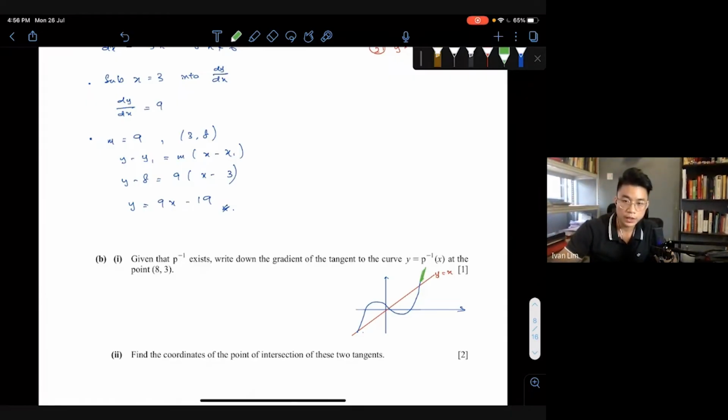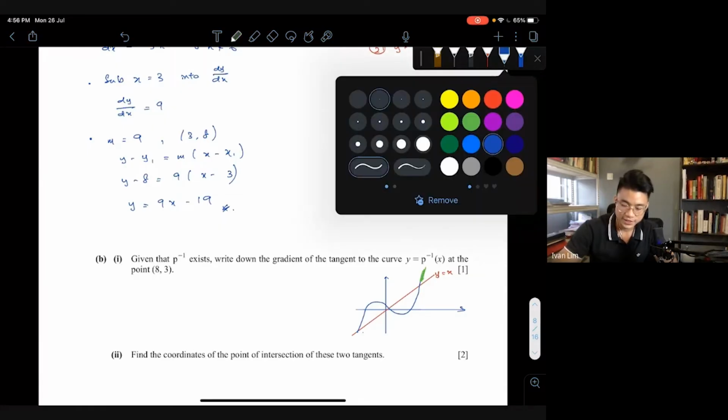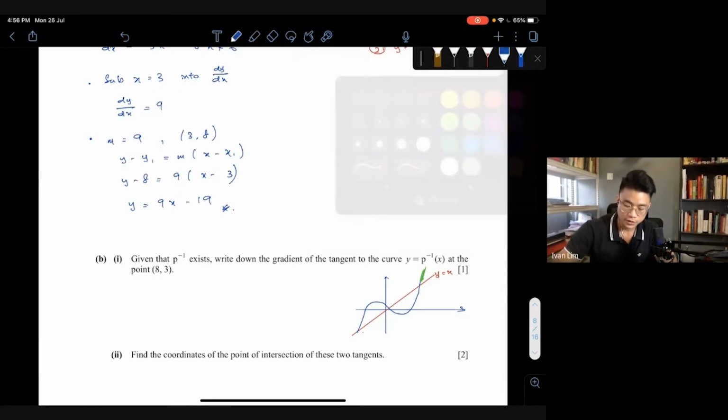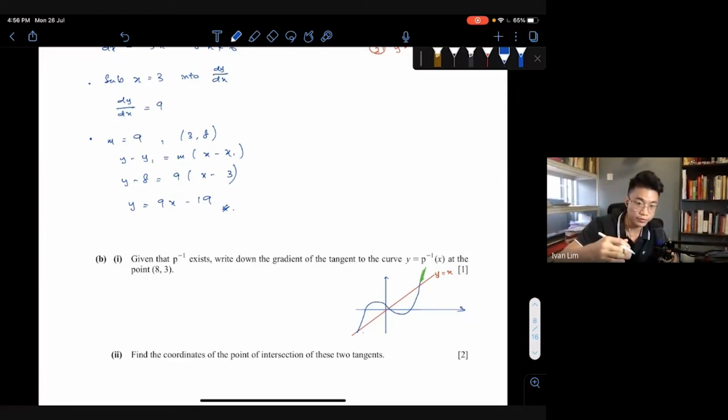All your x become y, all your y's become x, correct? So for gradient specifically, you all just need to remember that the inverse of the gradient just becomes 1 over the value of your gradient. So your m is equal to 1 over 9.